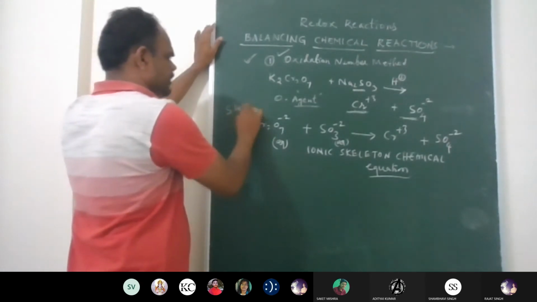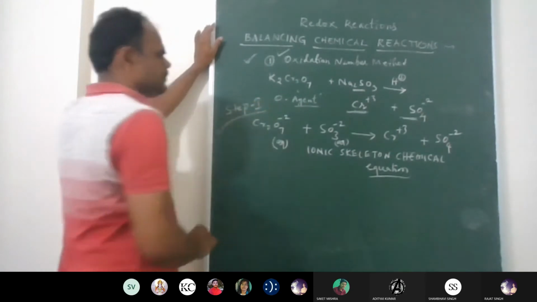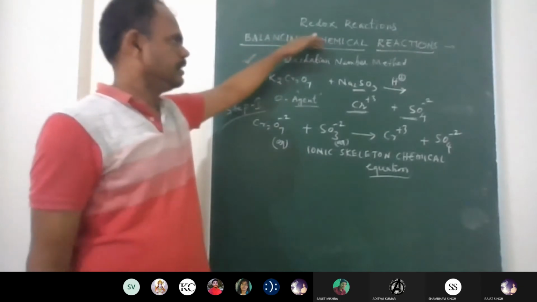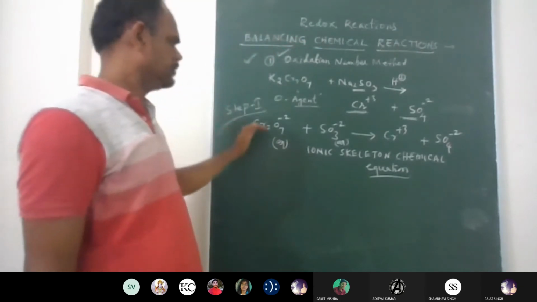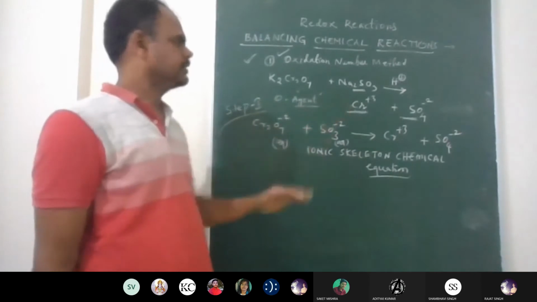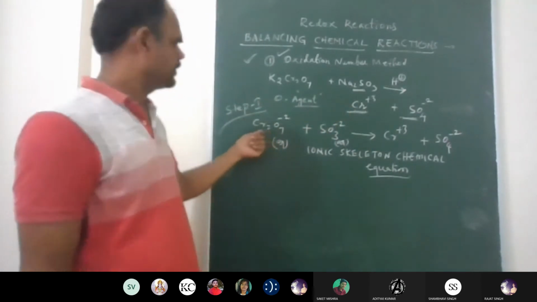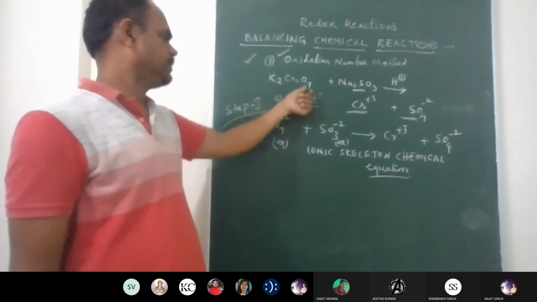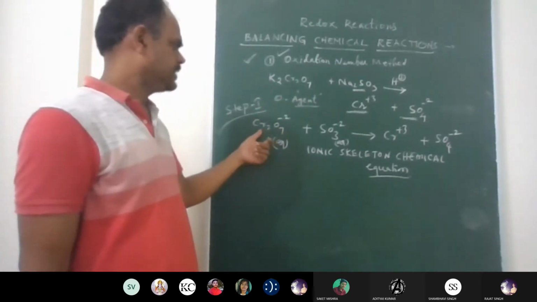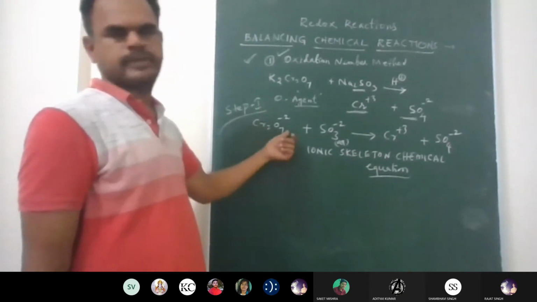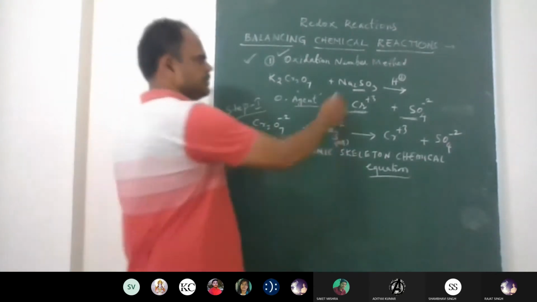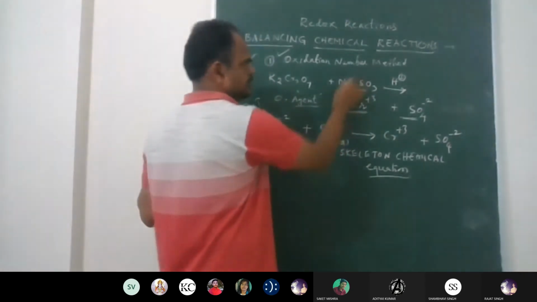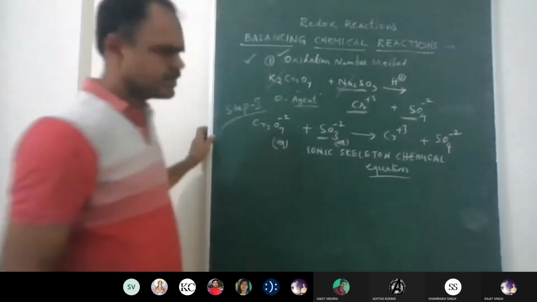So we have to follow step 1. If you know the chemical reaction, the reactants and products, we should write them with their respective correct formulas. Potassium dichromate is K2Cr2O7, so the ionic form is Cr2O7. Since the sodium ions are spectator ions, they are not required.